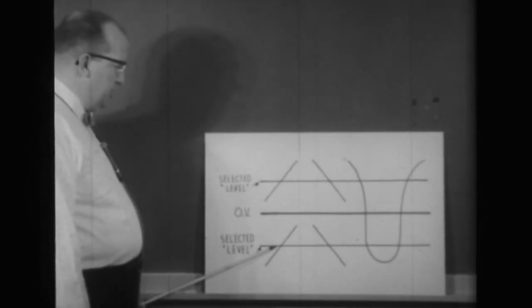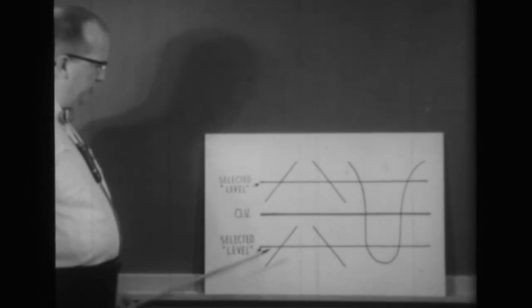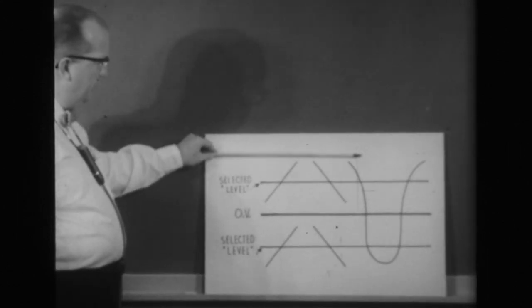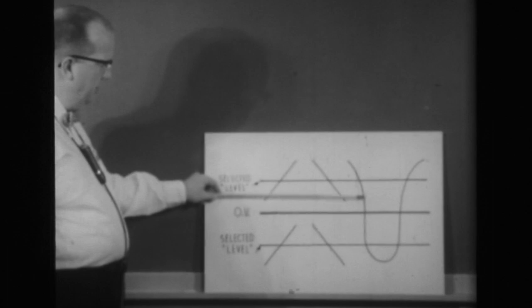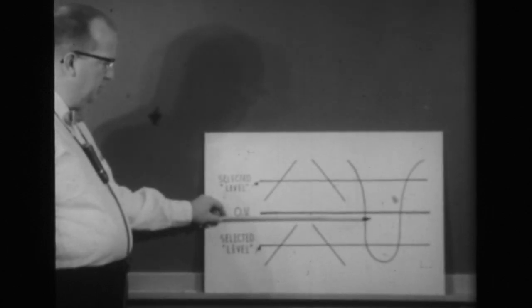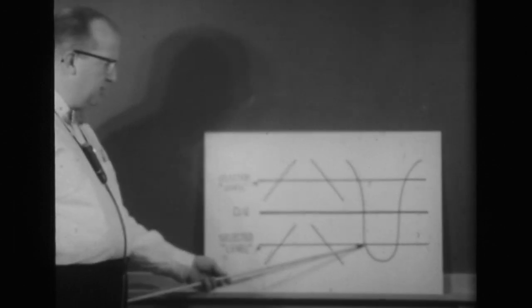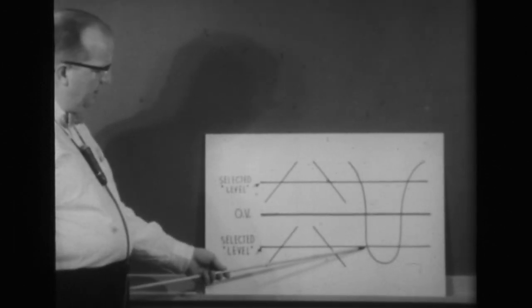So in a good trigger system, we will have independent controls for slope and for amplitude. We can choose a level here, here, here, here, or we can choose a level below ground, in other words, a negative DC voltage where we want triggering to take place, such as on this waveform.